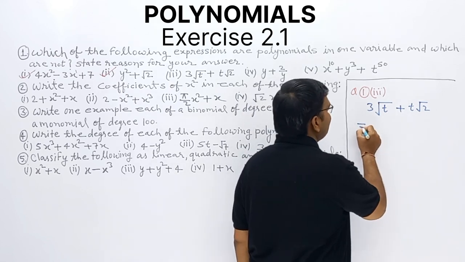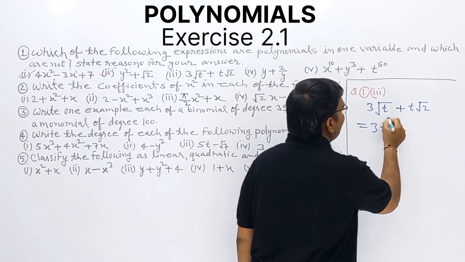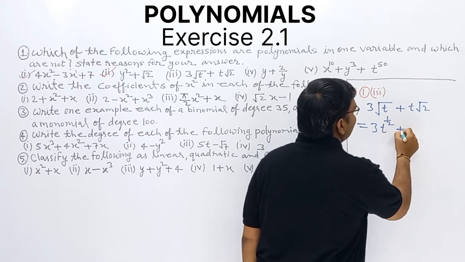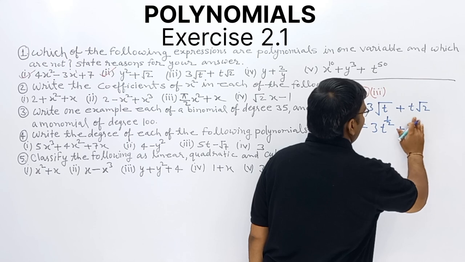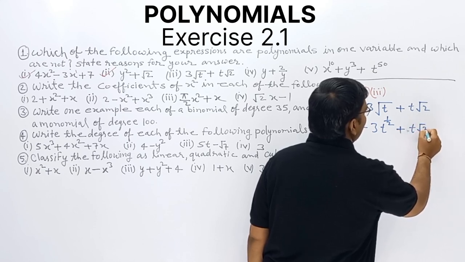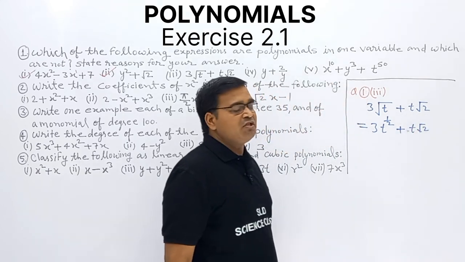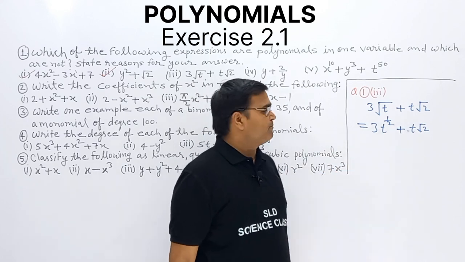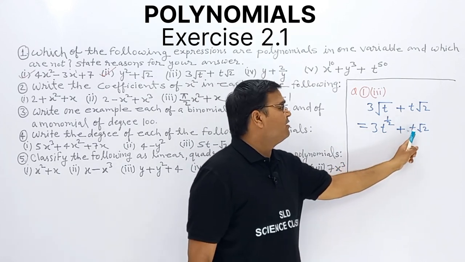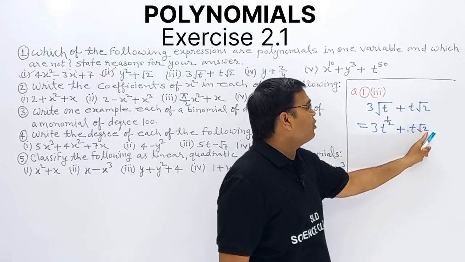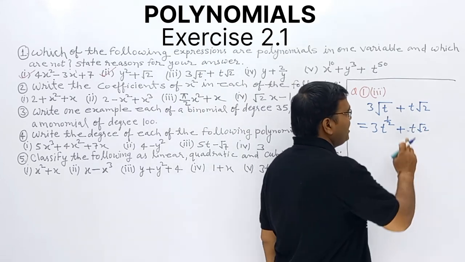This can be written as 3t power 1 by 2 plus square root of 2 times t. Here t is the variable, 3 is the coefficient of the first term, and square root of 2 is the coefficient of t.